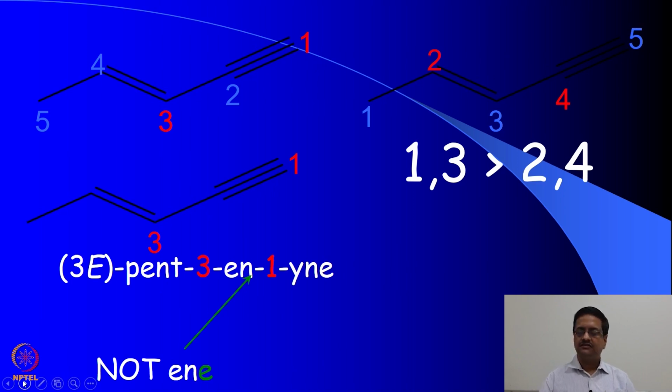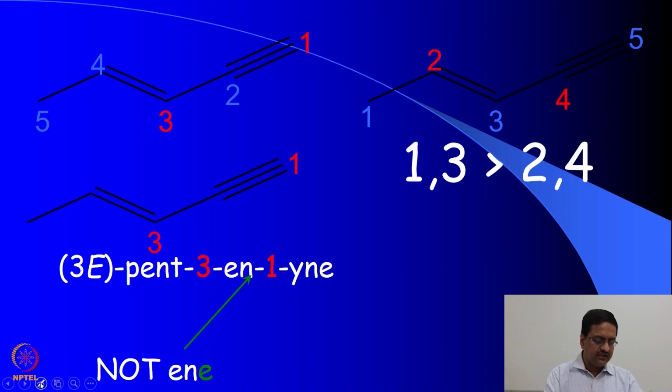Now, you see here in these examples, we have a situation where we can identify a double bond and a triple bond in the molecule, and depending on from which side we try to number, the double bond and triple bond get different numbering.